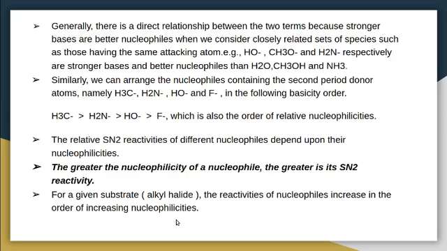So the nucleophile plays a major role in determining the reactivity in an SN2 reaction, because it is present in the rate determining step.